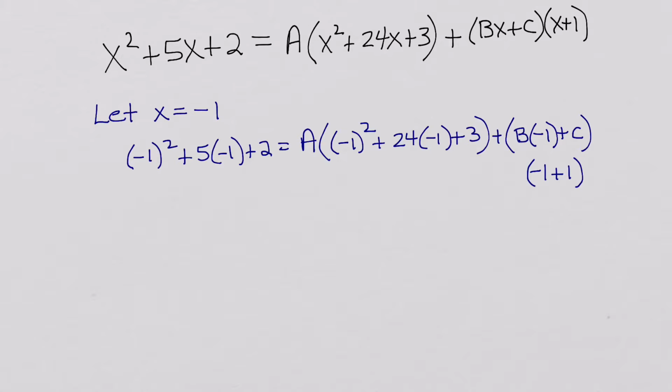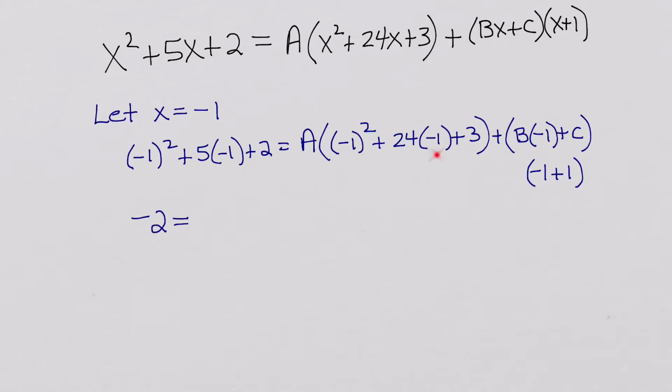Okay, so now we can simplify. -1 squared is 1, and then that's -5, which gives me -4, plus 2, that's a -2 for the left-hand side. And I can simplify what I have inside the parentheses next to the a. -1 squared is 1. 24 times a -1 is -24.